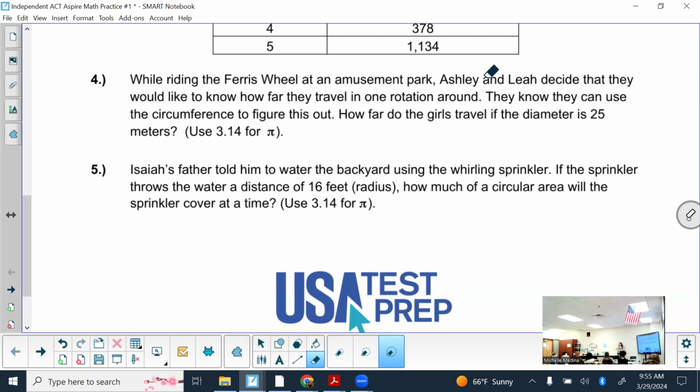So that's not within the circle, it's not your area, it's your circumference, which is like the perimeter of a circle. They expect you to know formulas like circumference. So what's the formula for circumference?